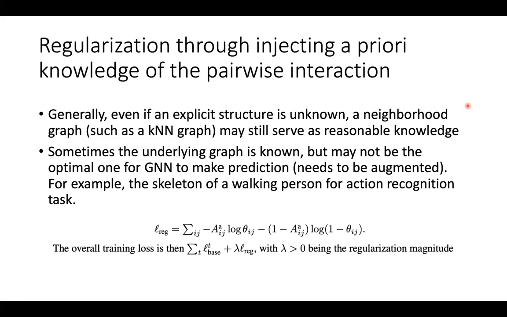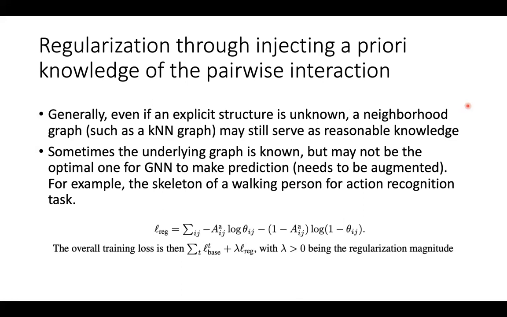In order to do the action recognition, you need to kind of infer an underlying graph where the graph has connected two joints which are not naturally connected in your skeleton. For example, when you are waving your hands, you might connect the joint on your hand to the joint on your elbow or something like that.